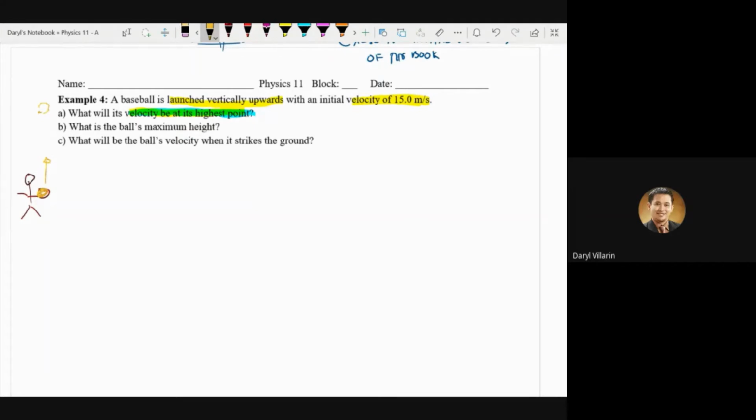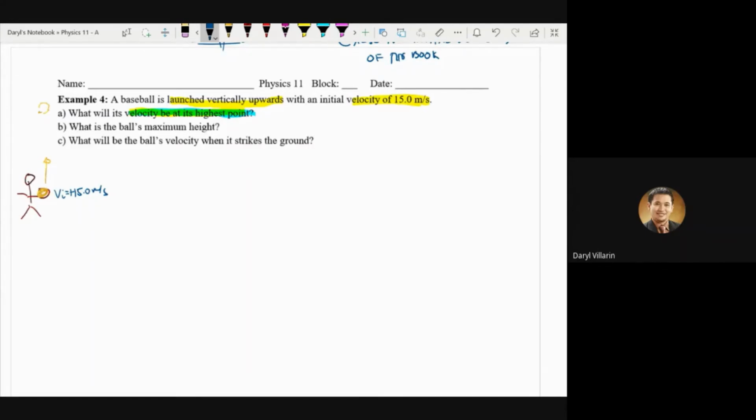So initially it's being thrown upward, so velocity is 15.0 meters per second. And again, using the same coordinate system, if it is thrown upward, this should be positive. So that's positive 15 meters per second.